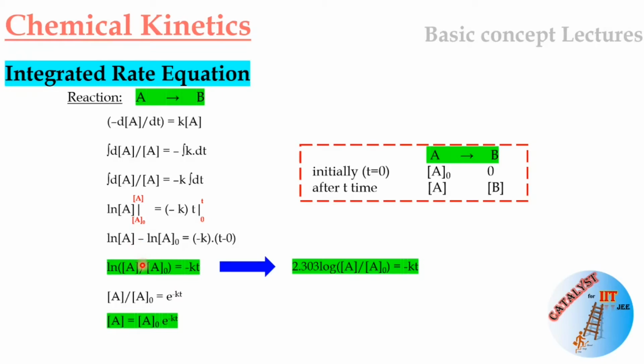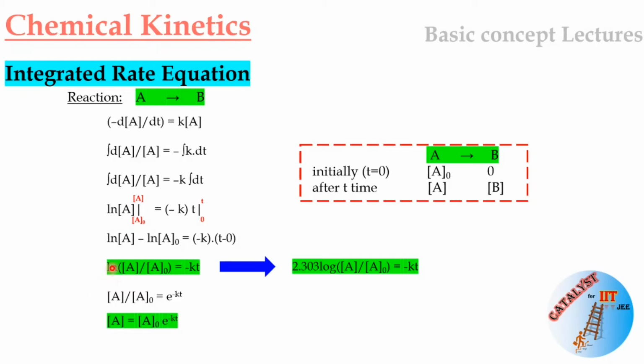So this is the property of log or ln. I hope you have all learned about this. So ln A by A0 equal to minus kt. If you want to convert this ln to log, what you need to do is multiply by 2.303. Why is that?